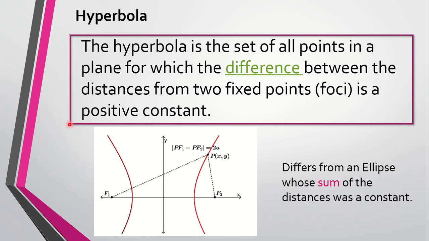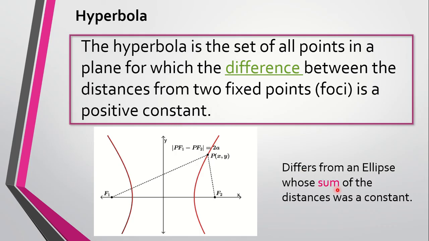So anong kaibahan ng hyperbola sa ellipse? Sa ellipse, yung sum ng distances from two fixed points ay constant. Sum. Dito naman, kay hyperbola, yung difference between the distances from two fixed points is a positive constant.